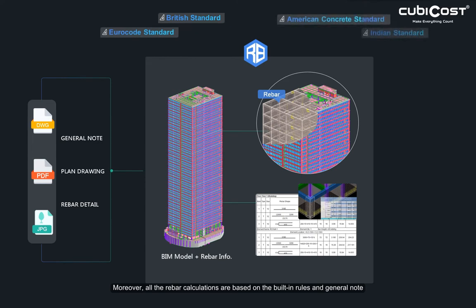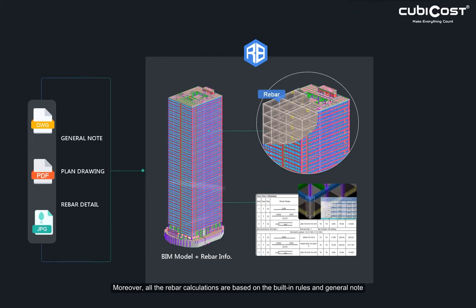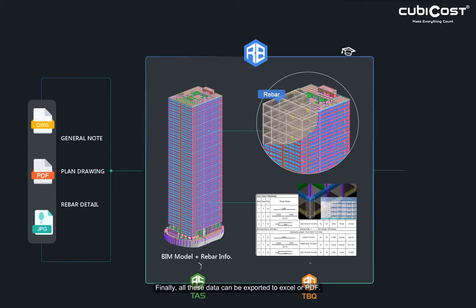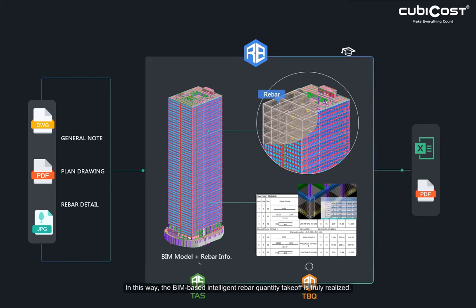Moreover, all the rebar calculations are based on the built-in rules and general note, which makes the rebar calculation more professional and accurate. In addition, TRB also achieves collaboration, sharing models with TAS and interoperating with TBQ. Finally, all these data can be exported to Excel or PDF. In this way, the BIM-based intelligent rebar quantity takeoff is truly realized.